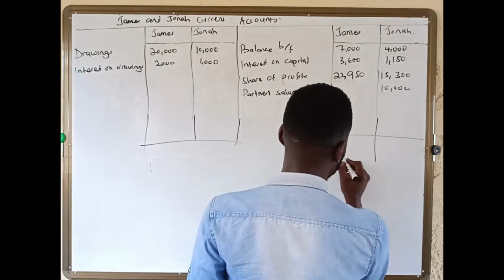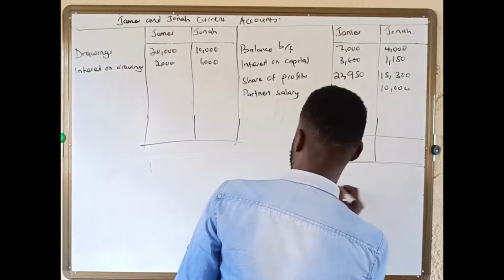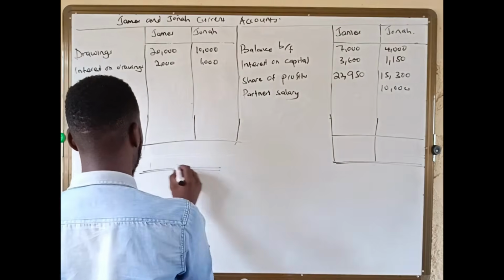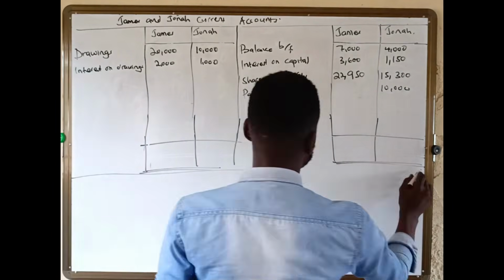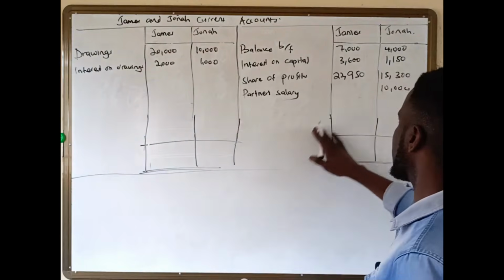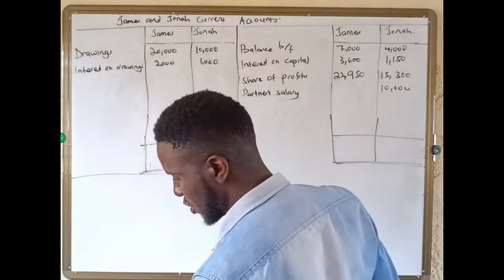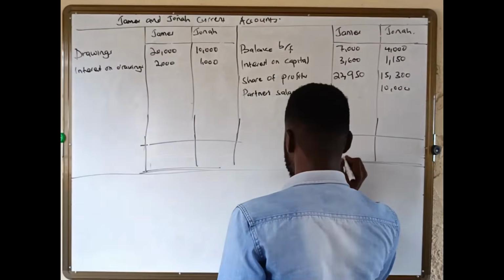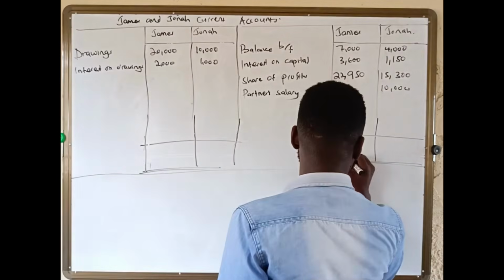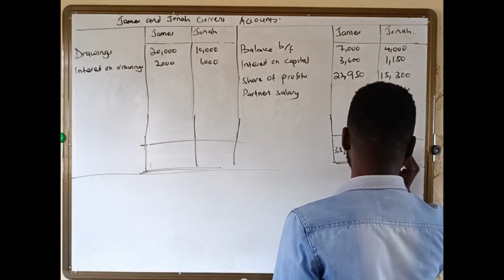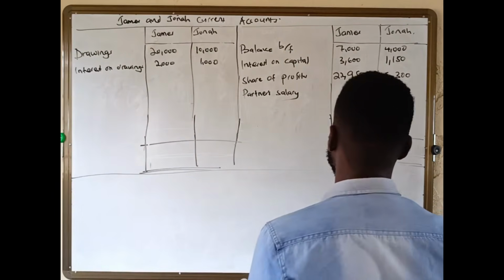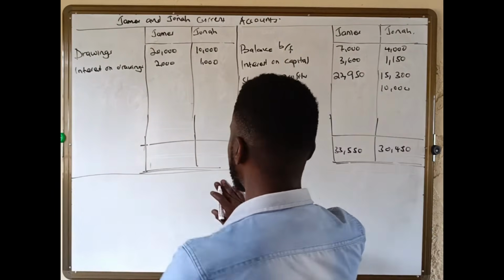So we shall balance them off like this. And then you realize that of course this side has to be heavier, and so when you add up here you shall have 550, and then here we shall have 30,450. It's the amount of money we have here. So it is heavier than this side still.